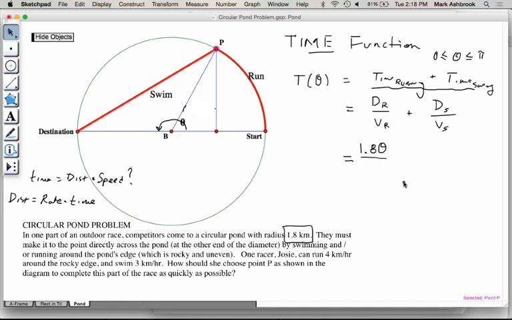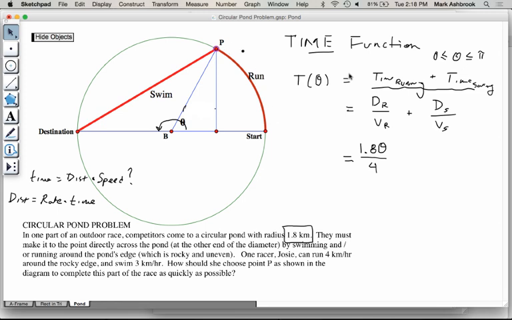Okay, what's the speed at which she runs? That's given, that's the 4. So we've got time spent running in terms of theta. Angle measure, or number of radius lengths, times the length of each radius gives number of kilometers, divided by 4 kilometers per hour gives number of hours to complete that part.